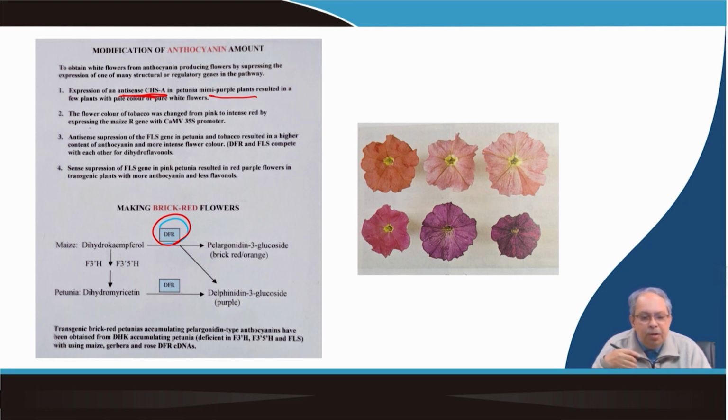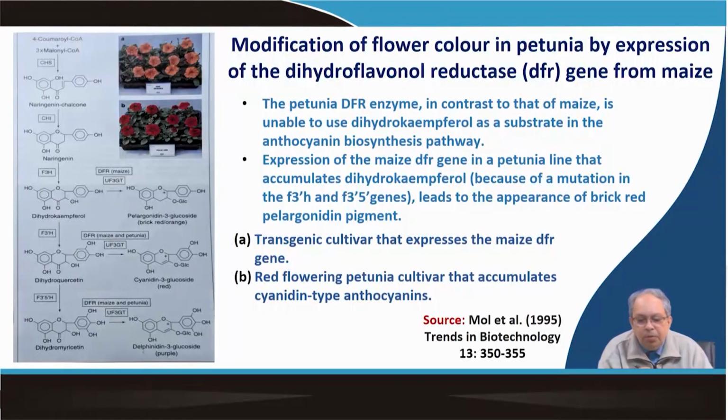But sometimes transcription factor genes like the maize R genes, when transferred into tobacco, make more intensely colored pigments, because that transcription factor has a role in upregulating the anthocyanin pathway. Similarly, antisense suppression of the flavonol synthase gene in petunia also resulted in higher anthocyanin content. That aspect may come later.